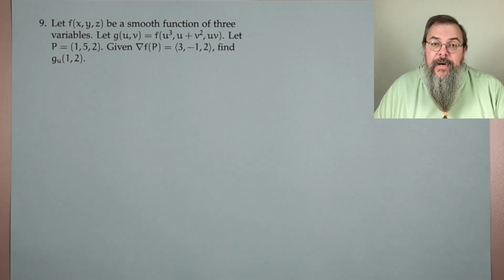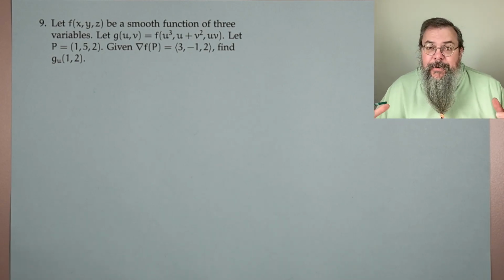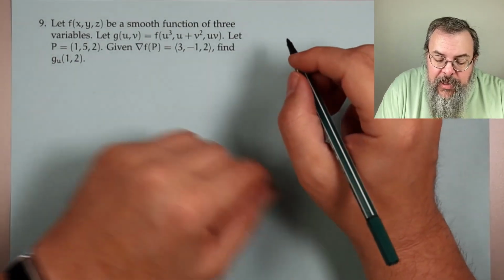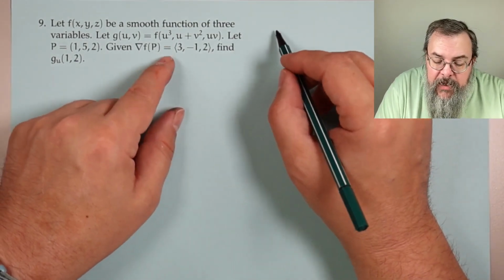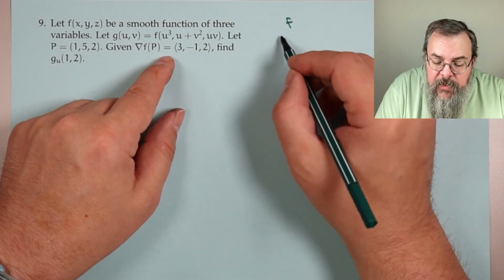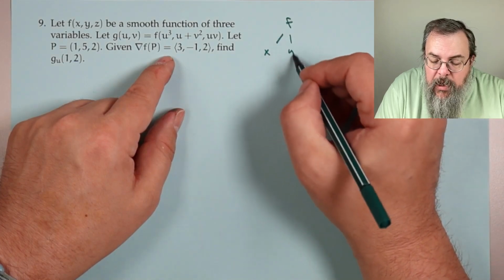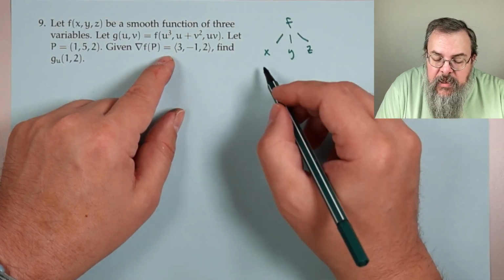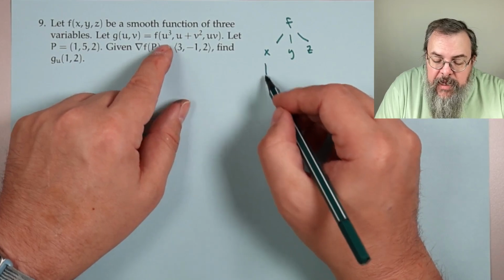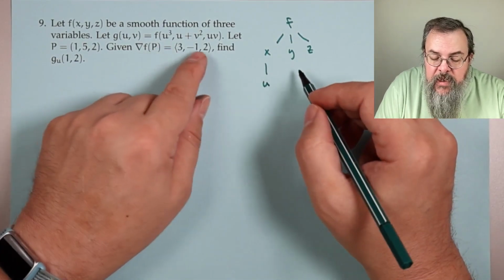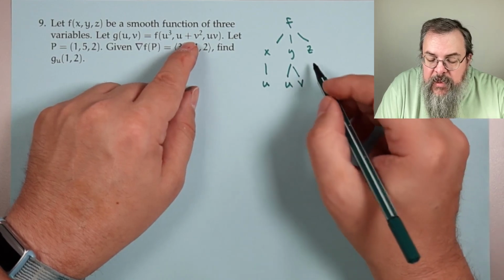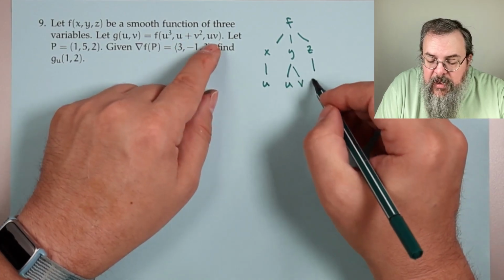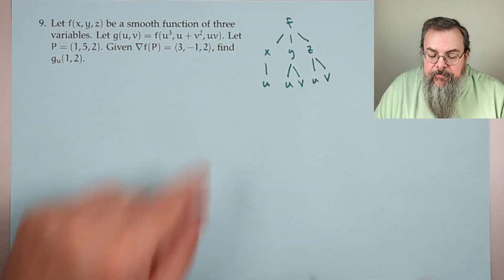Okay, but how do we figure out what's going on? Well, we see we have the following. We really have f, which is a function of x, y, and z. And then x depends on u. y depends on u and v. And z depends on u and v.